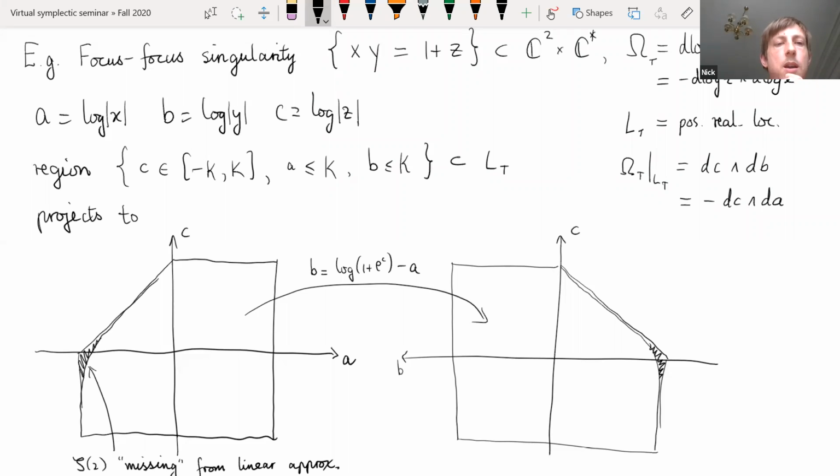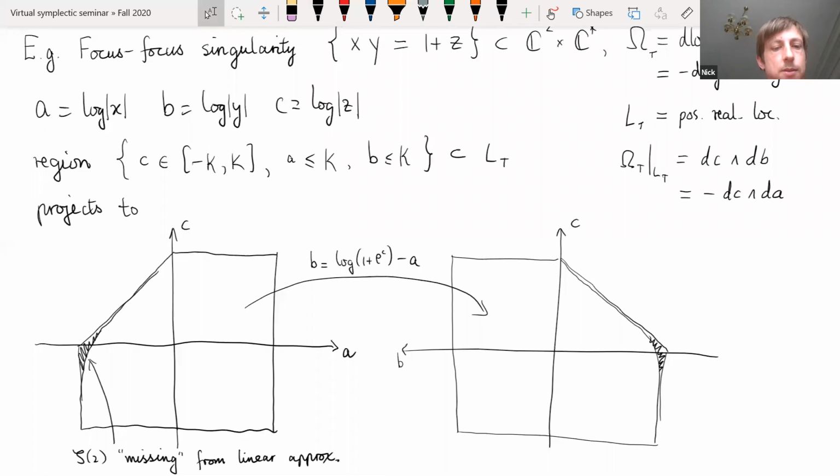Now we're going to try to understand what the contribution of a focus-focus singularity in our SYZ fibration is to this period integral. So imagine that you're cutting up the base of your SYZ fibration into polygons.